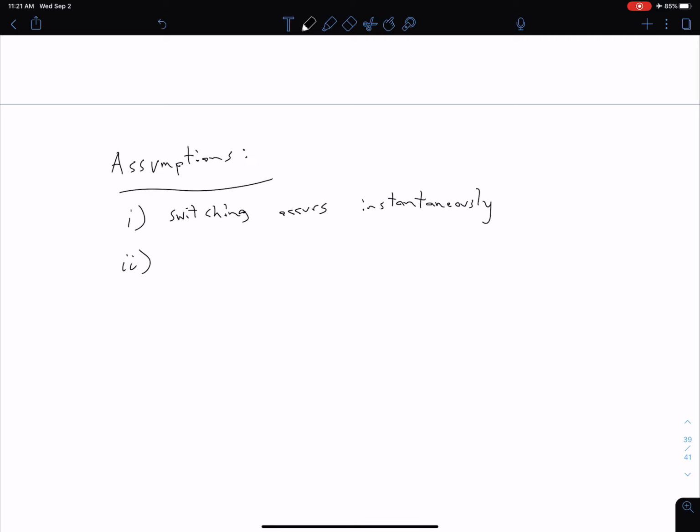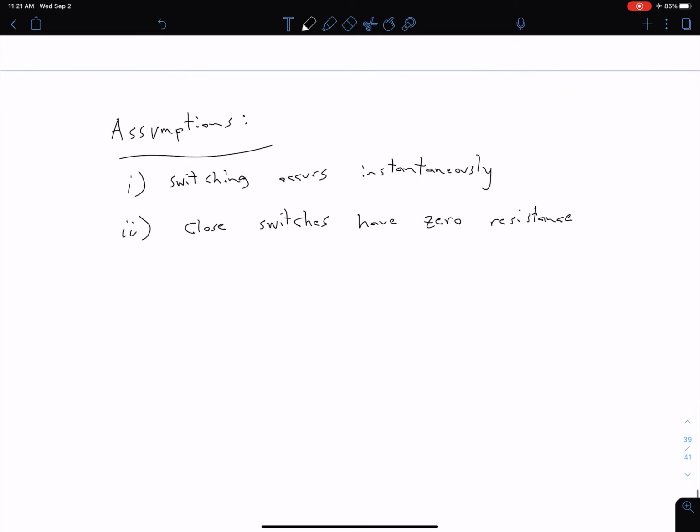The second assumption is that our closed switches have 0 resistance. For these initial circuits, we're just going to be looking at ideal switches, but as we're going to see in a more realistic example later on, and as we've seen in a previous video on power consumption, oftentimes we're using transistors to act as these switches. So of course, this isn't completely true.